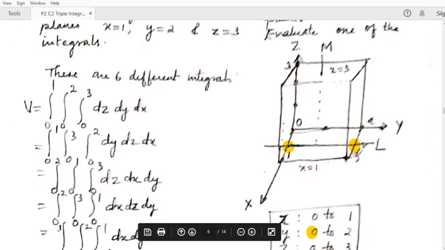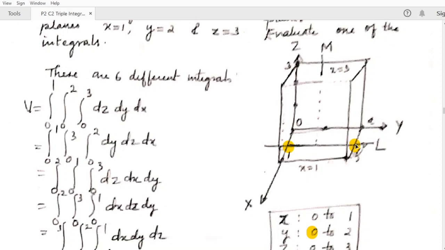And as the line passes through the region, it leaves the region at this point. We already know the value of y at this point. What is this plane? This plane is the plane y equal to 2.